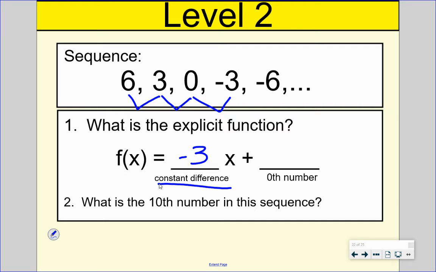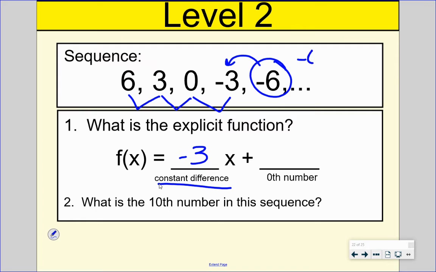But if you couldn't decide, like you couldn't see it, these numbers were different numbers and you couldn't see that we're adding -3, just take any number in the sequence. This time I'm going to pick -6, and I'm going to subtract the number in front of it. Okay, we've got to watch out for these negatives, but that happens sometimes.